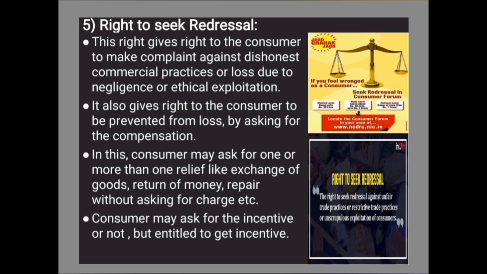In this, the consumer may ask for one or more reliefs like exchange of the goods, return of the goods, return of money, repair without asking for charge, etc. The consumer may ask for the incentive or not, but he is entitled to get the incentive.